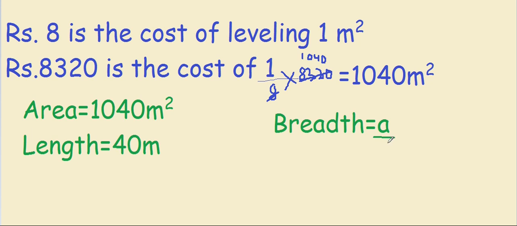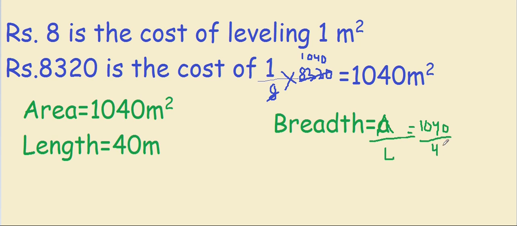Once you find the area, I will write capital A for area. Area is often denoted by capital A. So area by breadth is equal to length. Here in the question I have the length given, so area divided by length is equal to breadth.